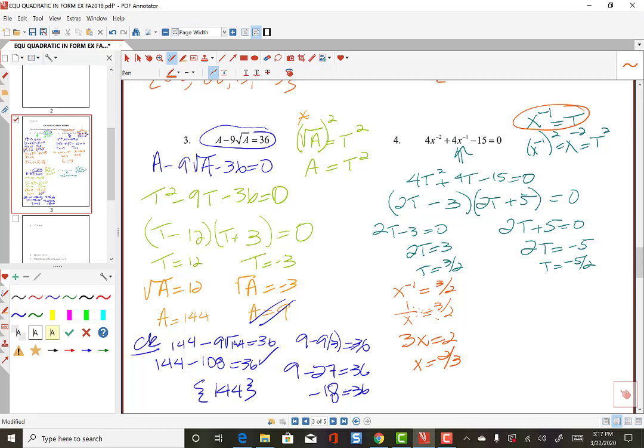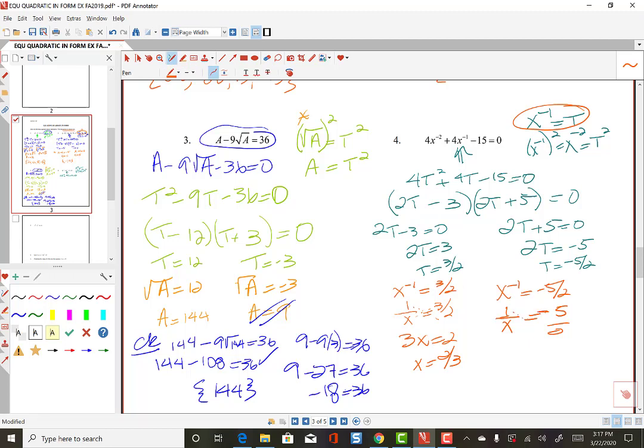Likewise, over here, if I said t is equal to negative 5 halves, that means x to the negative 1 is equal to negative 5 halves, or that 1 over x is negative 5 halves. Okay, let me just get my eraser there. Things got a little bit crazy. There's my negative sign.